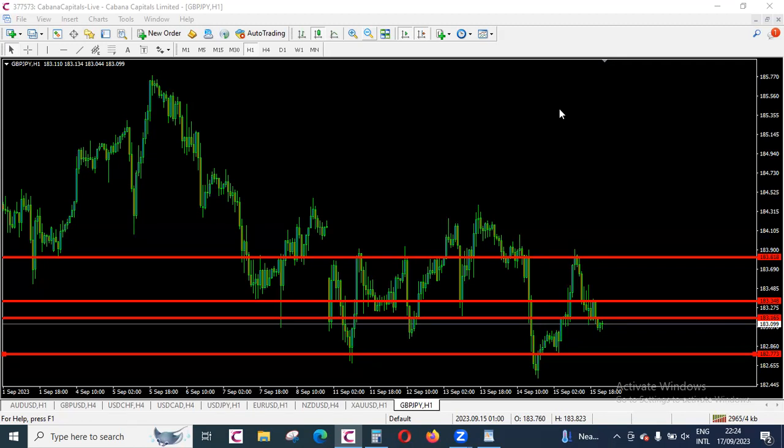But if you want to define the trend, you use market structure or pivot points. Those two you can use in defining the trend of the market. And also candlestick pattern. Those are the tools you use in defining the trend of the market: candlestick pattern, market structure, pivot point.